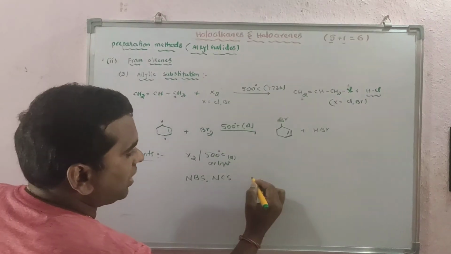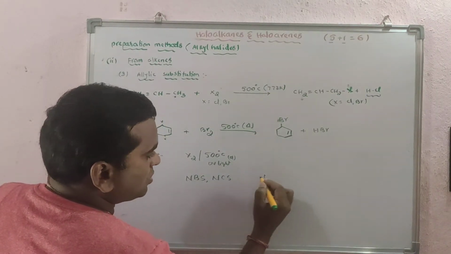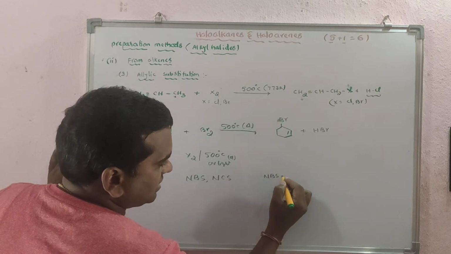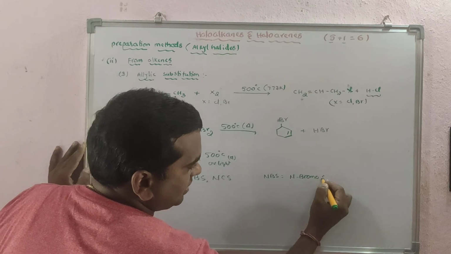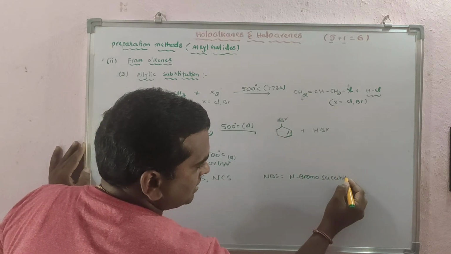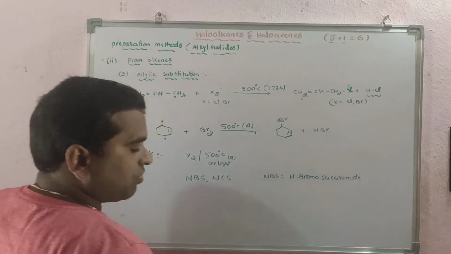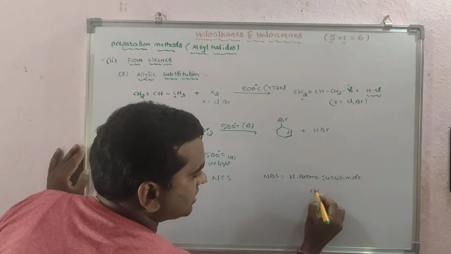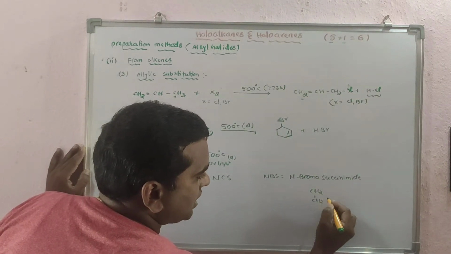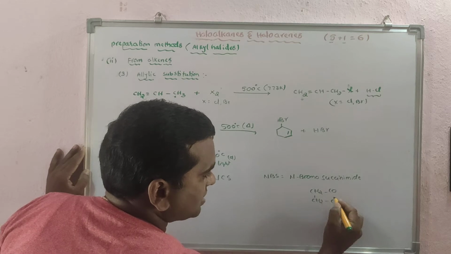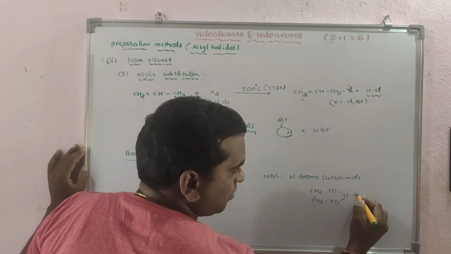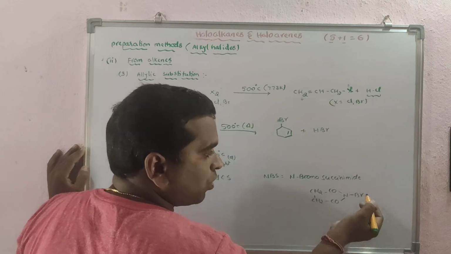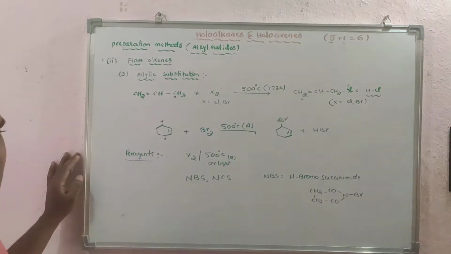Suppose NBS is there: N-bromosuccinimide. What is the formula of this compound? This is succinic acid, you already know, with COOH and COOH. Amide means N, and bromine means the N-bromine will be added. If chlorine is added, that is NCS.